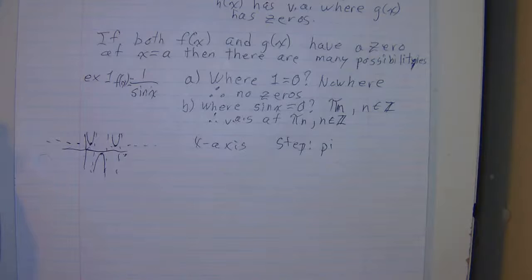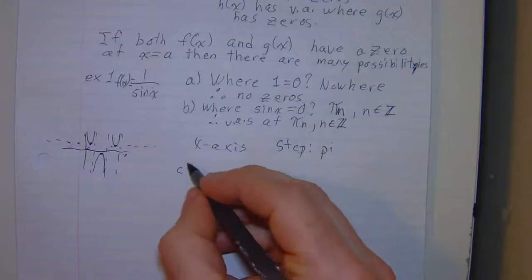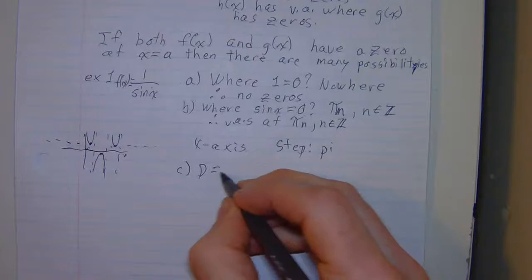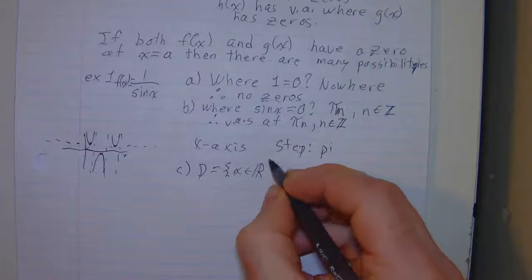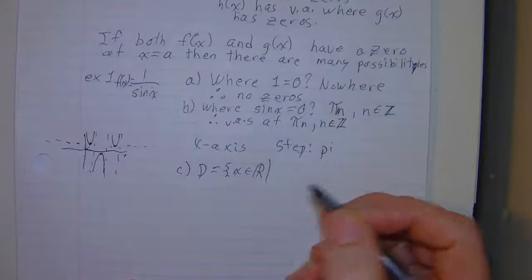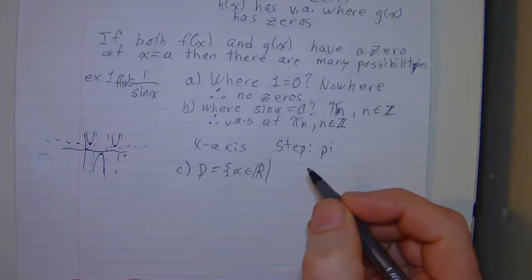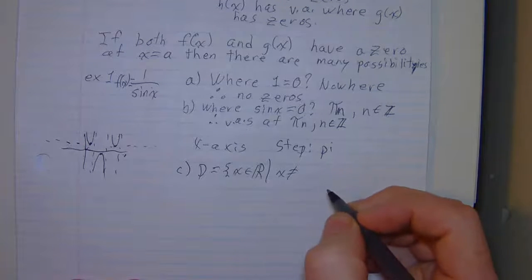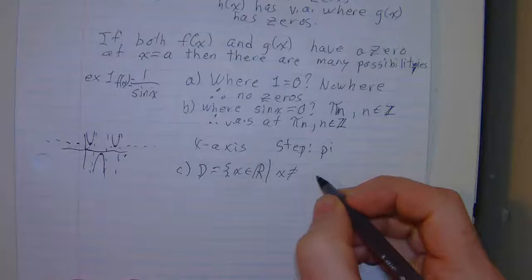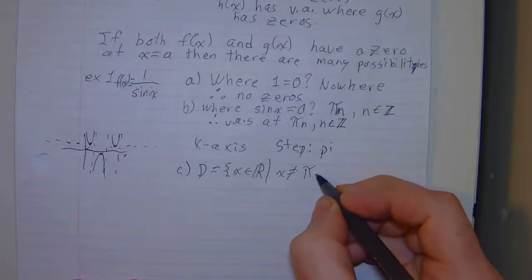All right. So what is our domain? So that's question C. Domain is the set of all x belonging to the real numbers such that, well, it's anywhere the function exists. So the places it doesn't exist, so the ones we want to eliminate, x not equal to, are where those vertical asymptotes are.